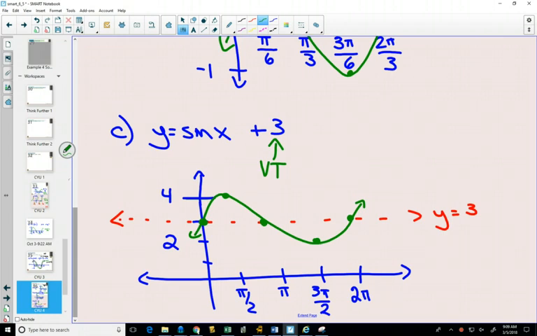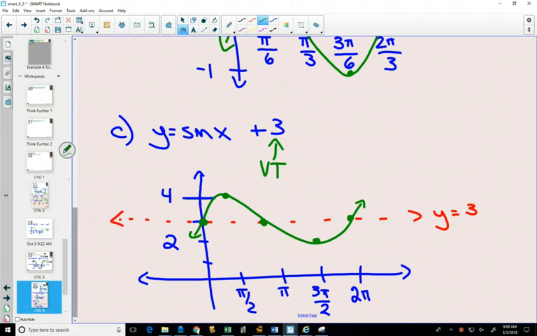What we do in the next section is we put all of these things together. So far we've only had questions which have one transformation in them, either affecting your amplitude with a vertical stretch or compression, affecting your period with a horizontal stretch or compression, shifting it left and right, and now shifting it up and down.